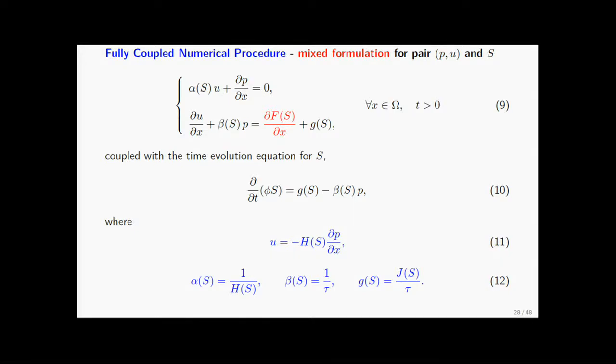So this is the equation for the Darcy velocity, like this here, and the pressure, and this equation here for the saturation. So we now have this coupled set of equations that must be solved sequentially. So the idea is to use standard finite volume here, L1 separation theory, and here we use the mixed finite elements.